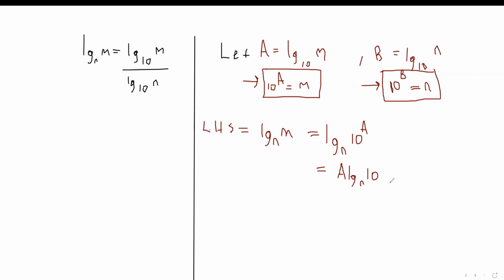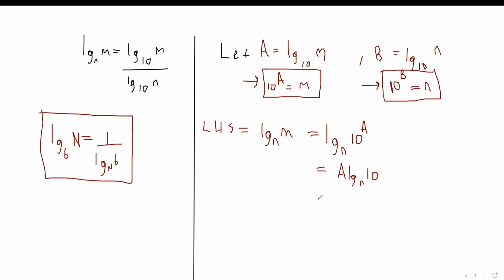Now, Marika, remember another law I told you, that the log of any base b of a number n is equal to 1 over the log of the number n to the base b. I told you this law, right? It's in the third plus indices notes.